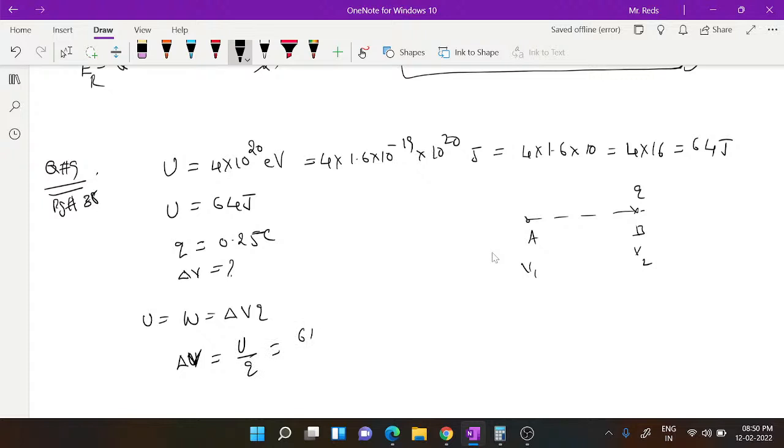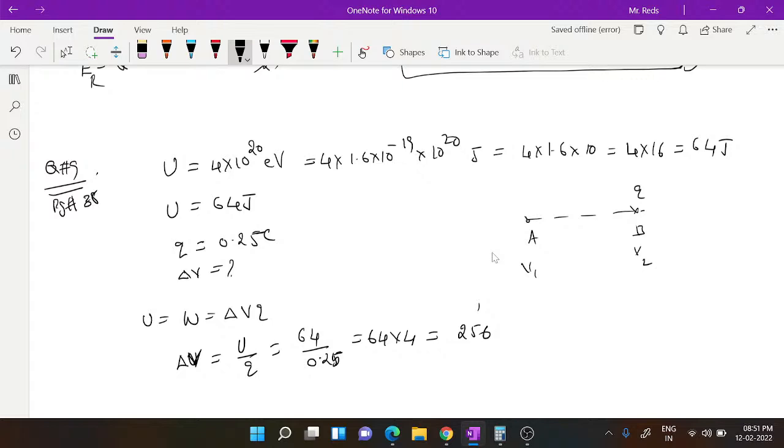Energy is 64 joule, and the charge is 0.25 coulomb, both are SI units. But 1 by 0.25 can be written as 1 by 4, so 4 goes to the numerator. 64 into 4 is equal to how much? 4 4s are 16, 4 6s are 24, so 256.